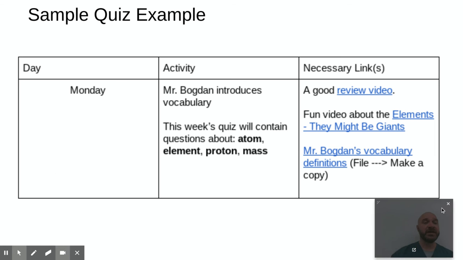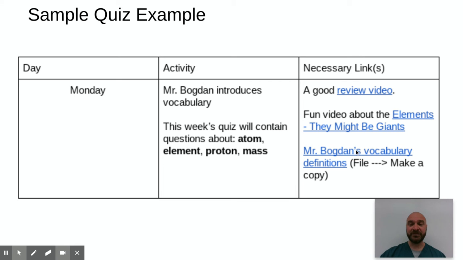All right, so in looking at the weekly guide and the practice quiz. Here on Monday, we can see that we have these four words in bold. These are the definitions that are going to be used on that week's quiz. And to find the definitions, right over here is a link to all of the definitions that they need to know.